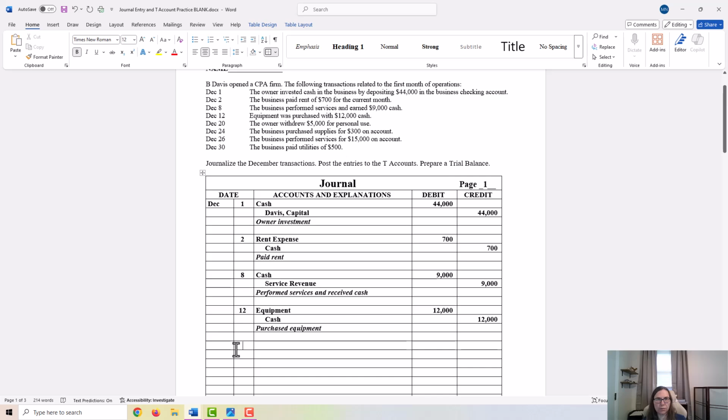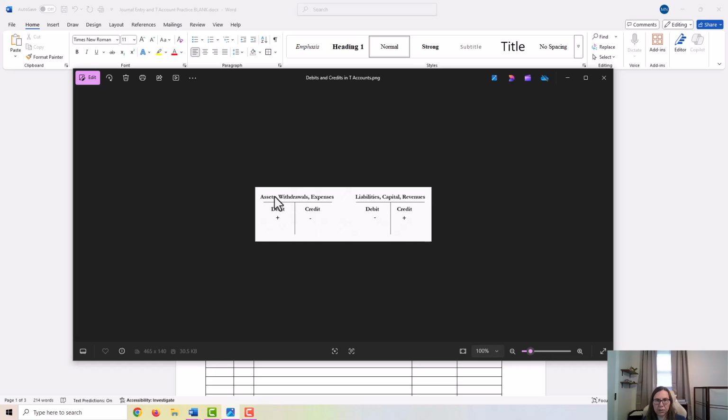Okay, then in the next one, on the 20th, the owner withdrew $5,000 for personal use. That is going to subtract from cash because the owner took money out of the business. And it's going to also add to the owner's draw account or withdrawals account. So if I'm adding to the withdrawals account, I'm going to add to that with a debit.